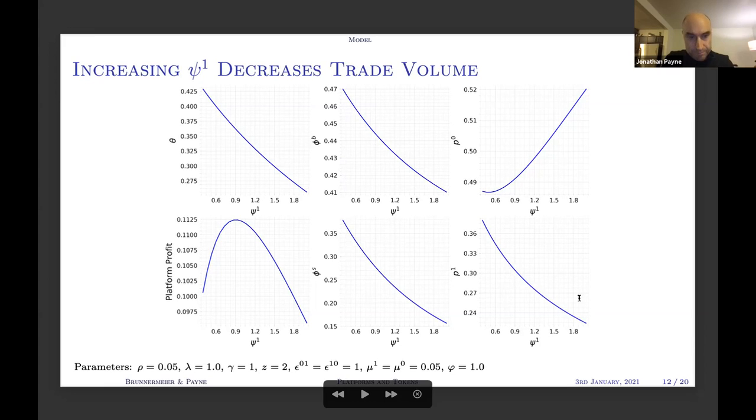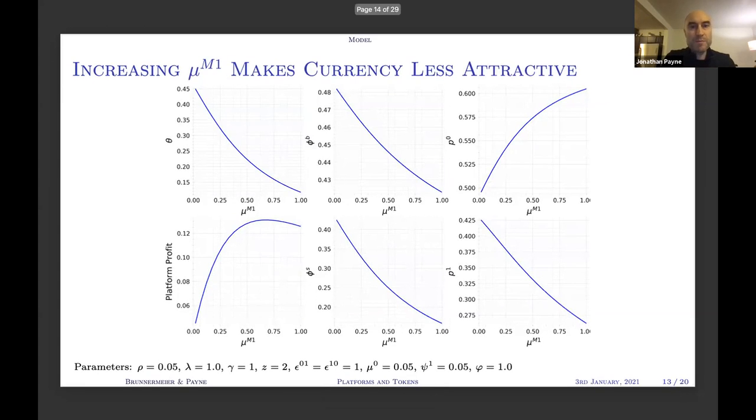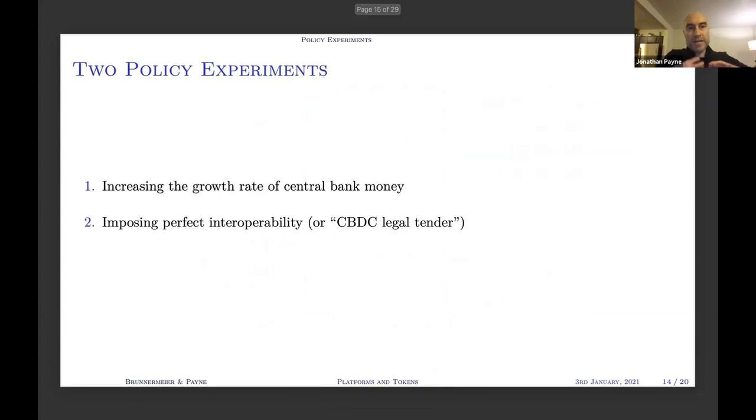Okay, and we can see the curvature in the platform profit and where they want to be. Okay, we could do a similar thing for mu1, but I'm going to leave that in the interest of time and go on to think about two policy experiments in this environment. So first of all, I'm going to think about increasing the growth rate of central bank money, and then I'm going to think about imposing perfect interoperability, the sort of CBDC legal tender.